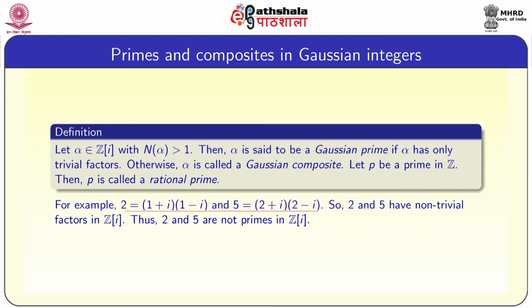It is because 2 equals (1 plus i) into (1 minus i). Similarly, 5 equals (2 plus i) into (2 minus i). So, 2 and 5 have non-trivial factors in Z[i]. Thus, 2 and 5 are not primes in Z[i]. First, norm of 2 is greater than 1 and it has factors 1 plus i and 1 minus i.